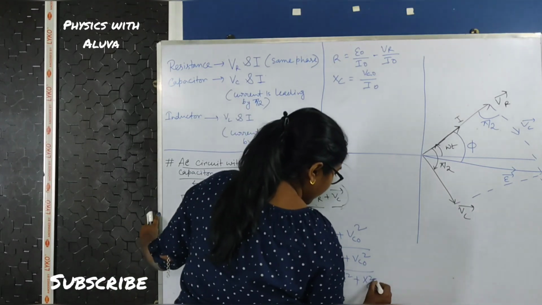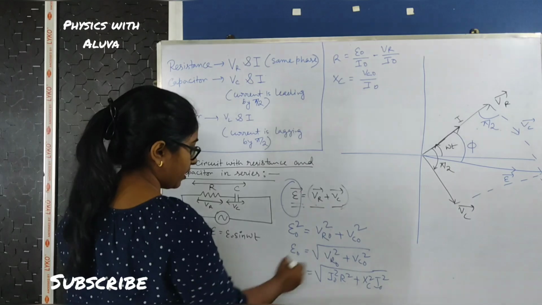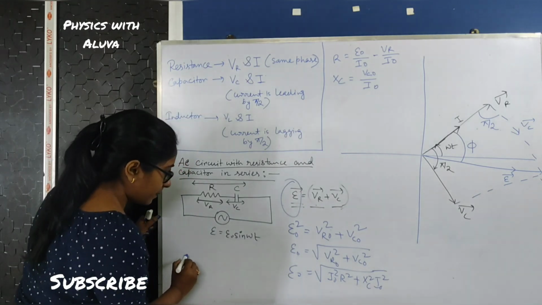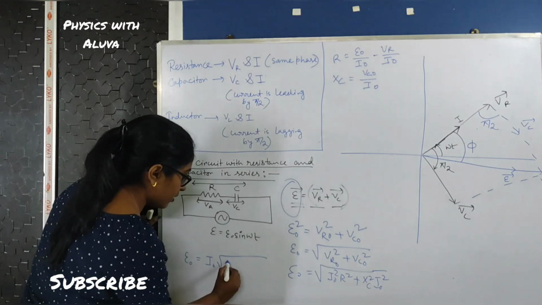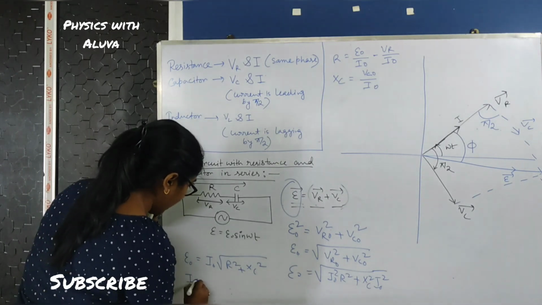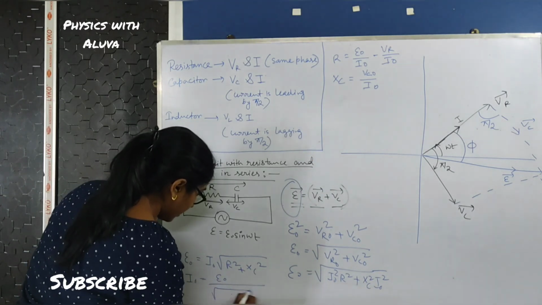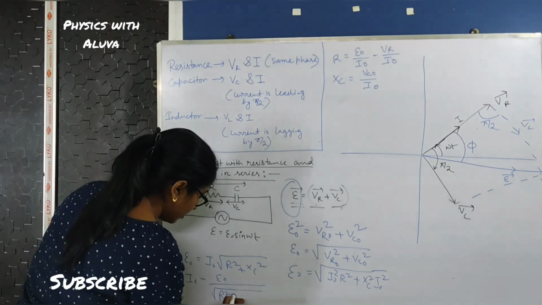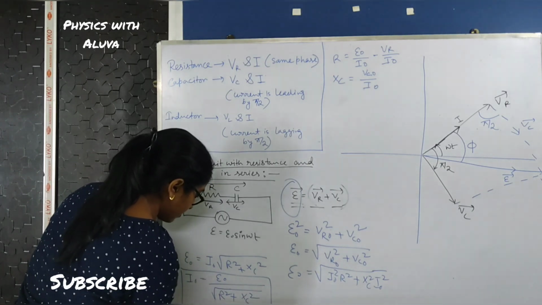Okay. So from here we can write that epsilon naught is equal to I naught root over R square plus XC square. So from here we will get I naught is equal to epsilon naught divided by root over R square plus XC square. Okay, we got this expression.